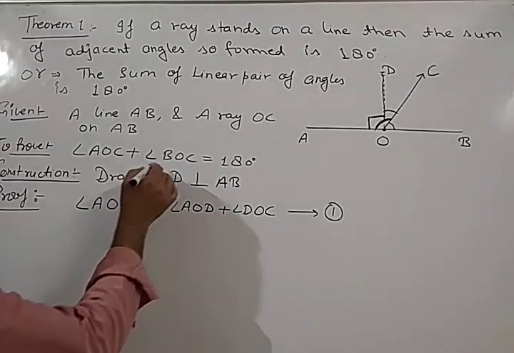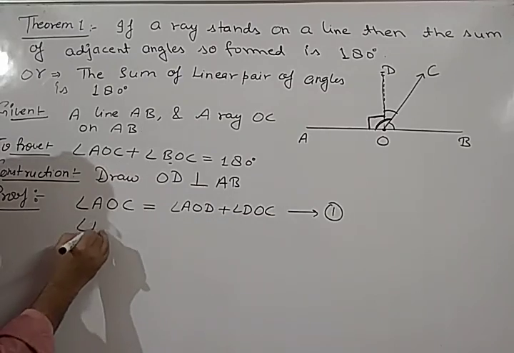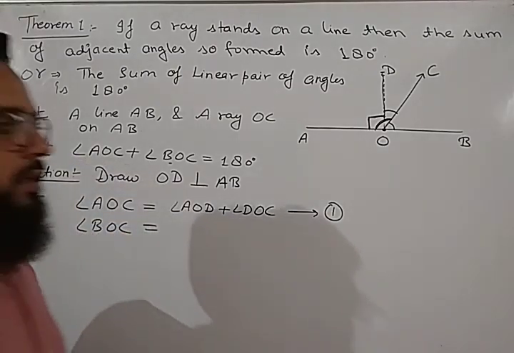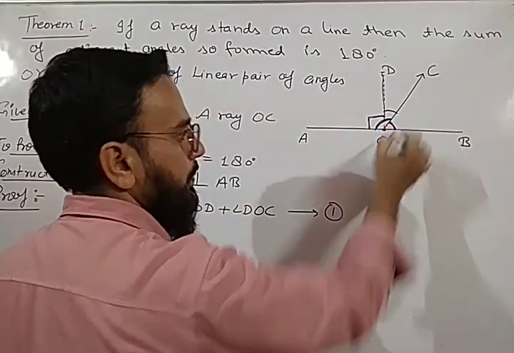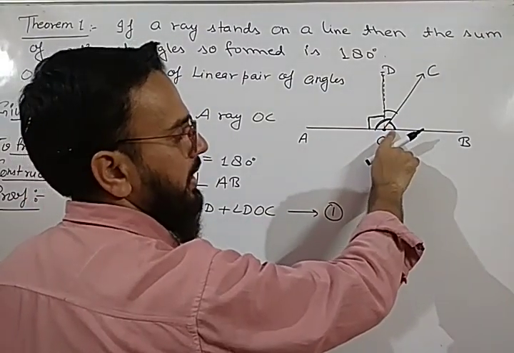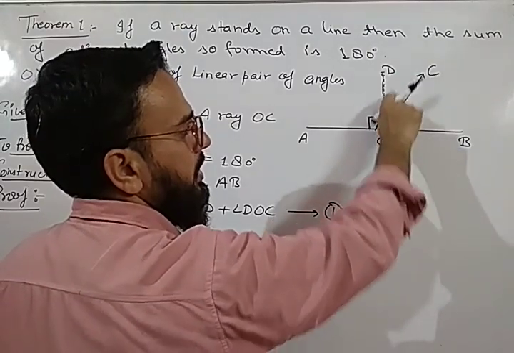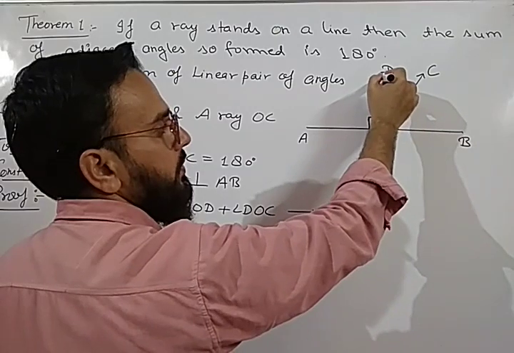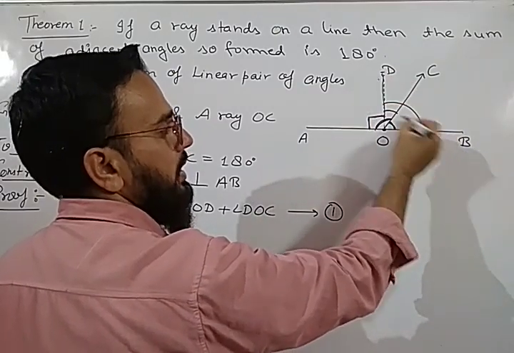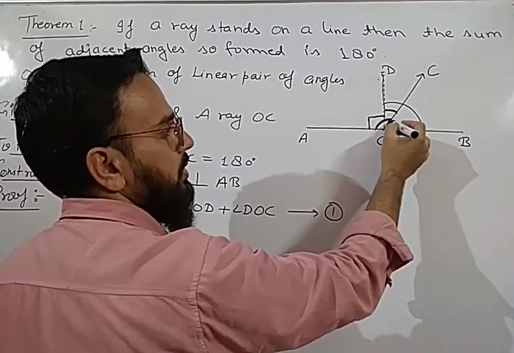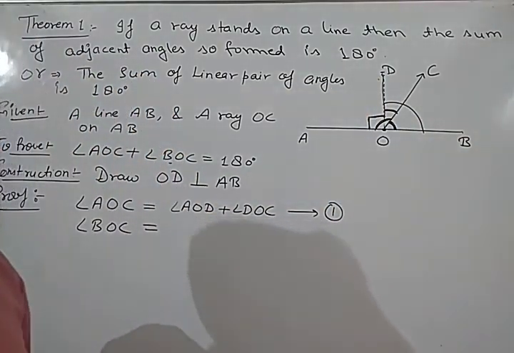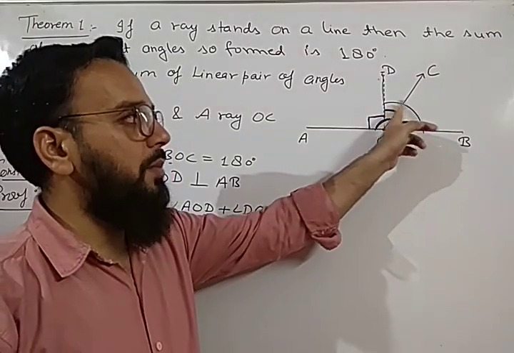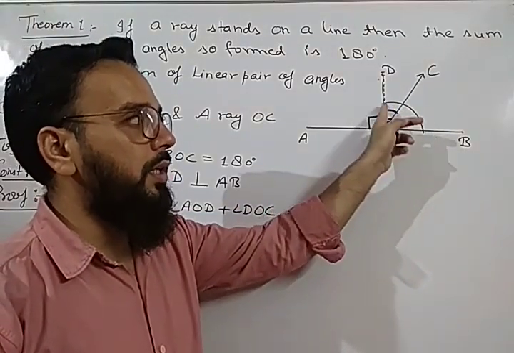If we have to prove angle BOC, we will write angle BOC. And how can we write angle BOC? This is our angle BOC. This angle can be obtained by subtracting angle DOC from the total angle BOD. This is angle BOD, up to here.